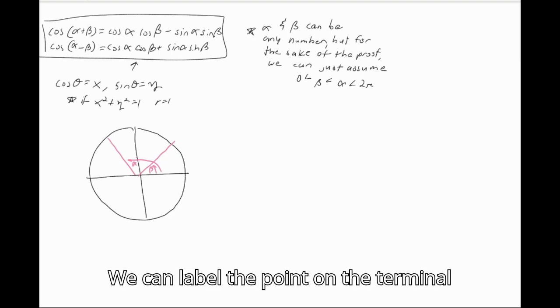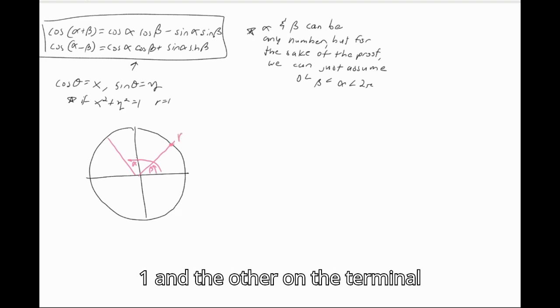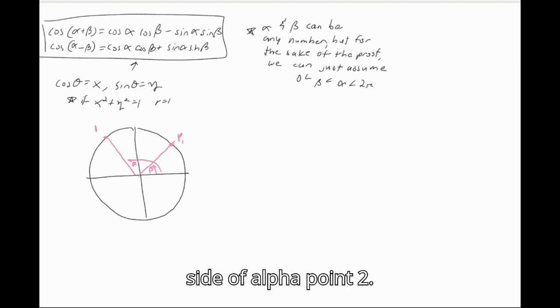We can label the point on the terminal side of beta point 1, and the other on the terminal side of alpha point 2.